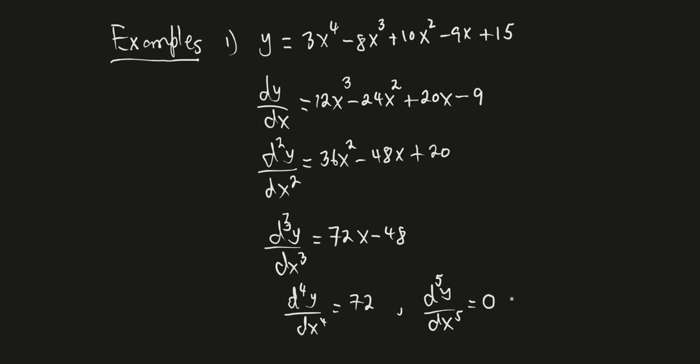And then after that, if we were to continue differentiating, we would keep getting 0, 0, 0. So if we start with a fourth degree polynomial, at and after the fifth derivative, they're all 0. So you start with a fourth degree polynomial, the fifth and any other higher order derivative is going to be equal to 0.